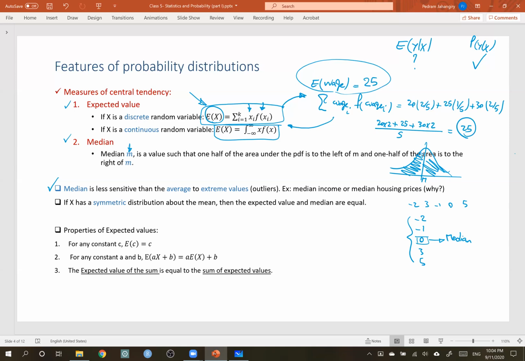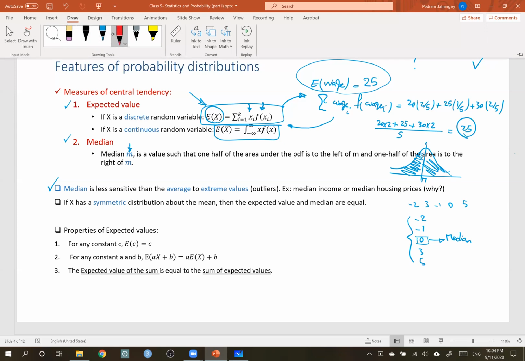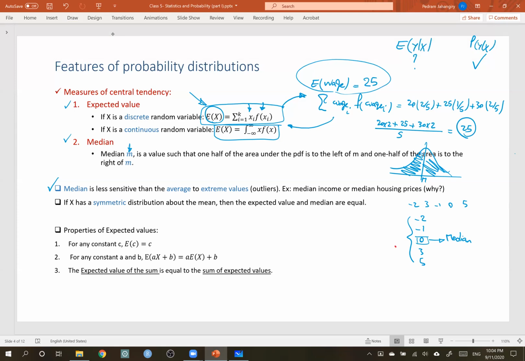If you want me to give you another simple numerical example, and use another color. Imagine I'm talking about this, and I add another observation. I add 1,000 here, right? So these are the values: -2, 3, -1, 0, 5, and then out of nowhere, there's this other observation which is 1,000, right?